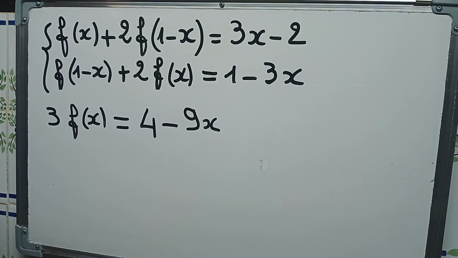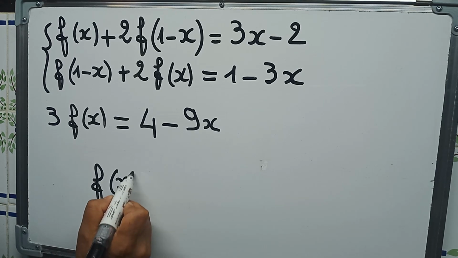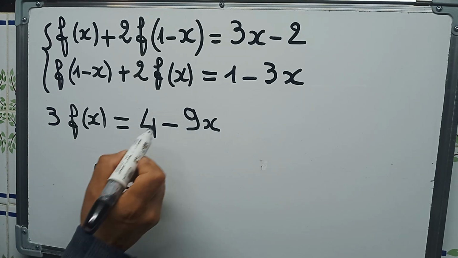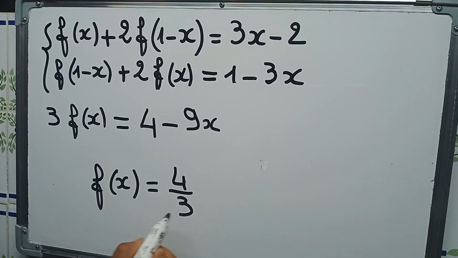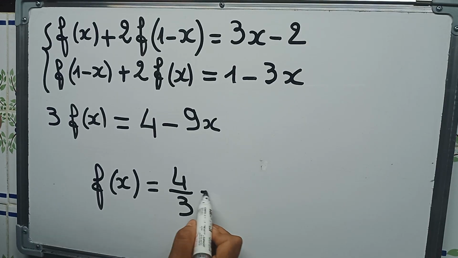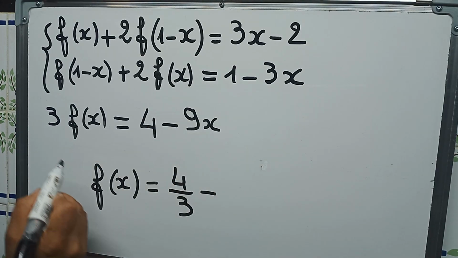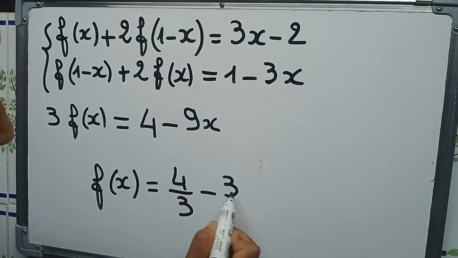So we will have f of x is equal to, we divide by 3, so 4 over 3 minus 9x over 3 is of course 3x. And of course this is our function. And this of course concludes our problem.